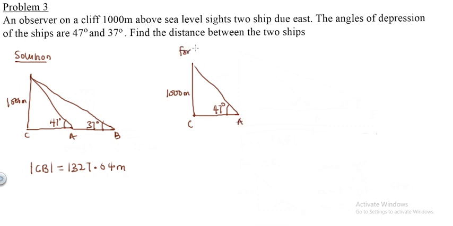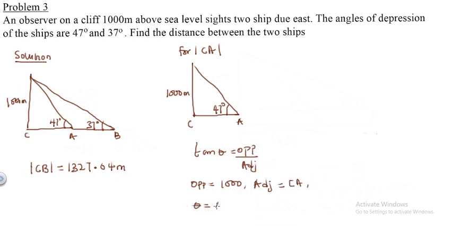This is the triangle under consideration. How do we find CA? The same relationship. So we have tan theta is equal to opposite over adjacent, where our opposite is 1000, our adjacent is equal to CA and our theta is 47 degrees, so that we can say tan of 47 degrees is equal to 1000 over CA.